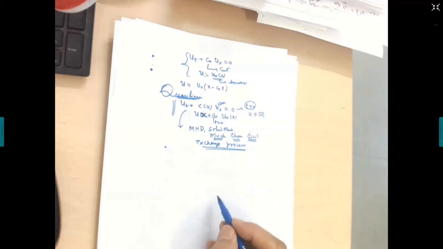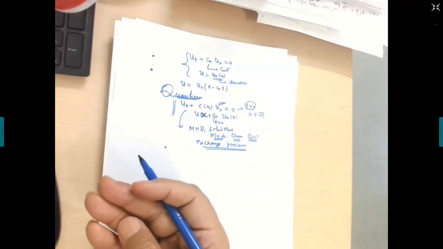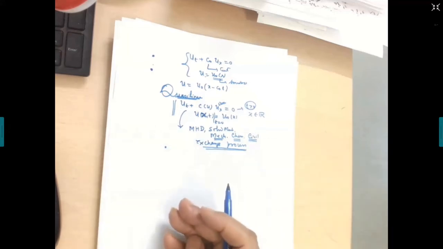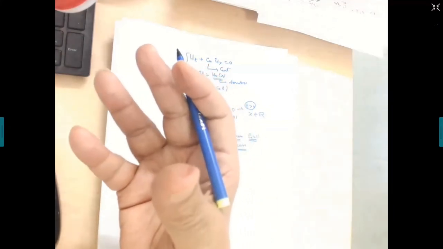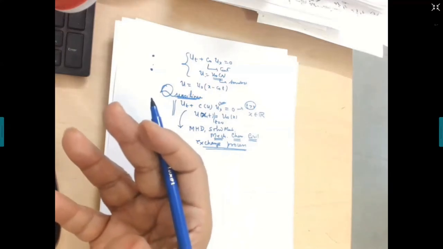What is an exchange process? In an exchange process, some material in the fluid is allowed to flow past a solid bed, and some of it gets deposited on the solid bed. Then it is followed by a reverse transfer from the solid bed to the fluid. This is your exchange process.